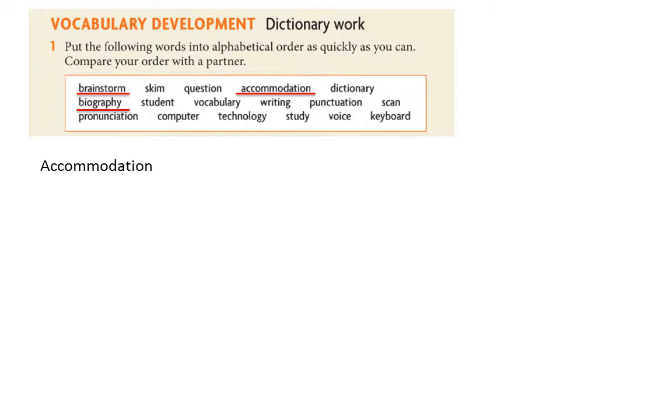The word brainstorm, the second letter is R, while the second letter in the word biography is I. Alphabetically, I is before R. So biography is sorted as the second, and brainstorm is sorted as the third.